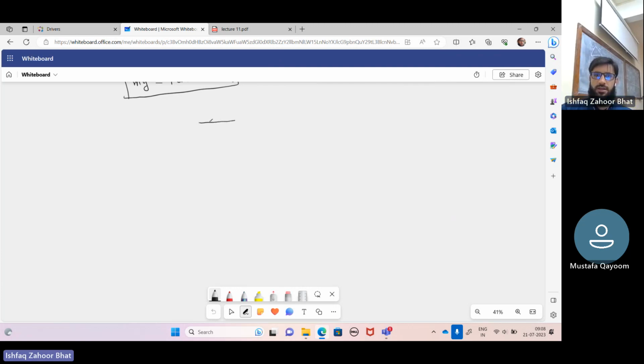Basically, you will have a system like this. Let's take this as the y-axis, this as the x-axis. But let me change it so that you follow some standard. Even though you will always see a pendulum in a vertical position, in MATLAB you don't have the x-axis like this.